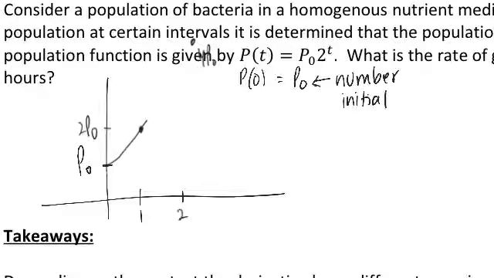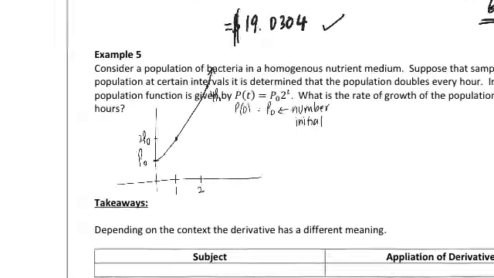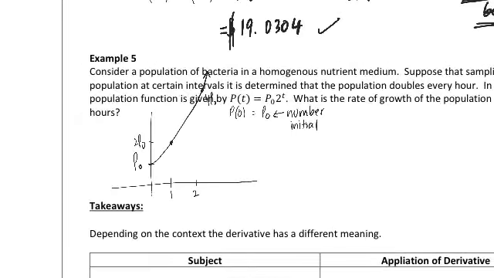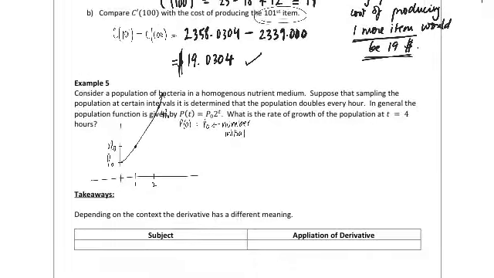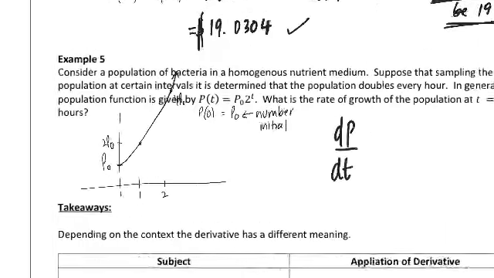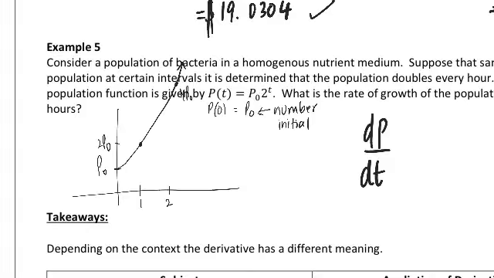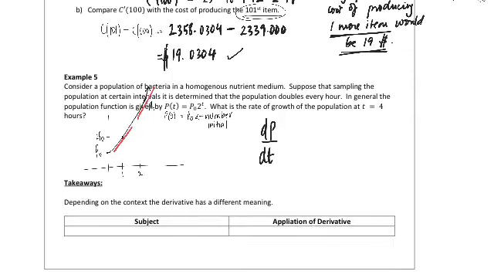And so on. And so this is the curve, right? It's an exponential curve. It's 2 to the power t. That is the multiplier. So when we are talking about the rate of growth, then we know that we'd be talking about dp dt on this curve, right? The slope of the tangent line at any particular place on this curve would be the rate at which the bacteria are growing at that particular instant.